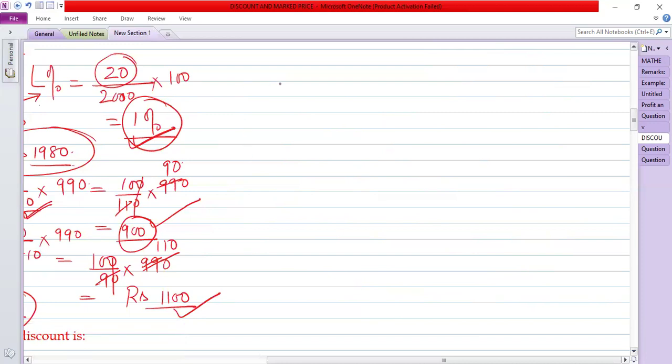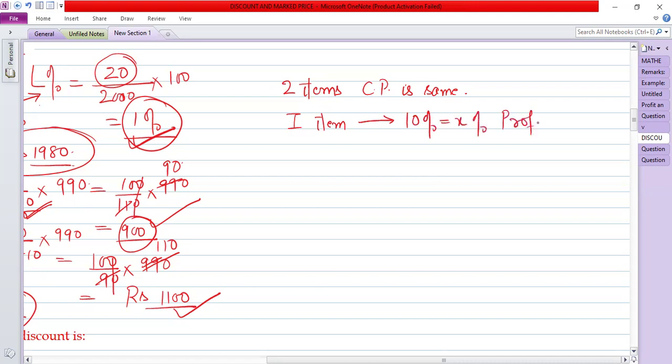So here, there is a certain point. If the cost price is same for the two items. Okay. And once again, one item is sold at, say, 10% profit. So this is our X%, 10% profit.